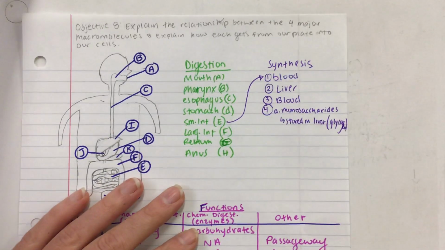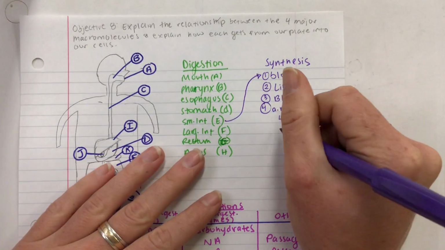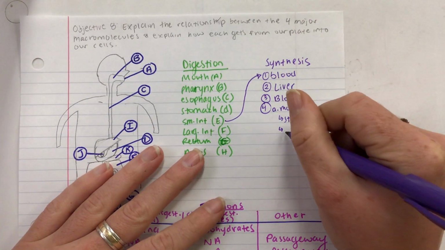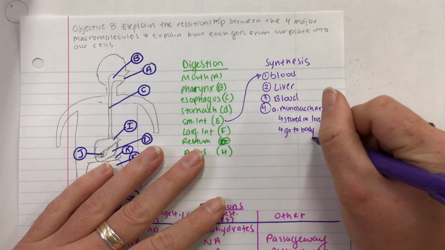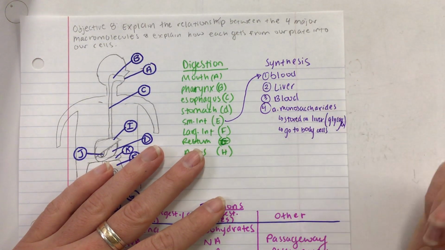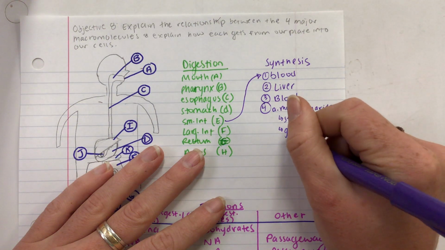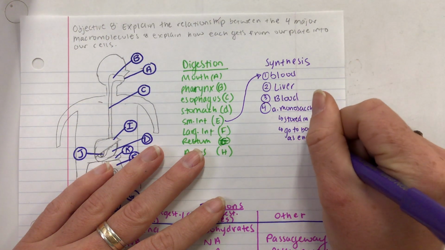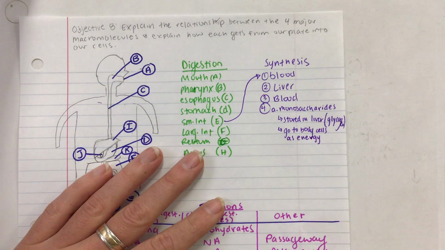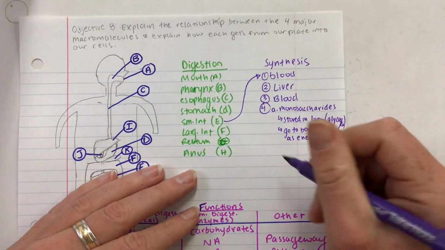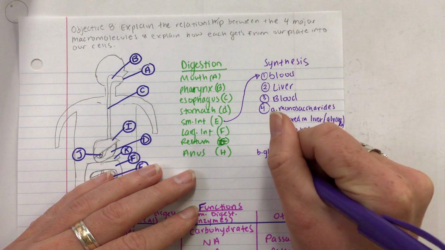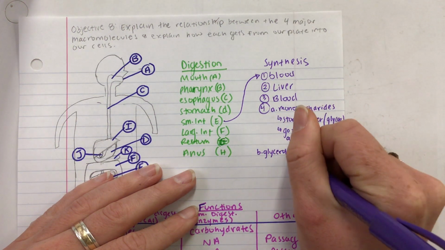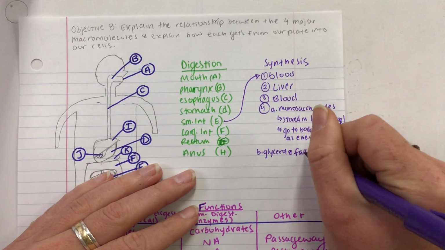Oops, I ran out of space. Stored in the liver as glycogen. They could go to any body cells to be used as energy. And there's other things as well, but we'll stick with that for now. We can next go on to glycerol and fatty acids that have been absorbed.